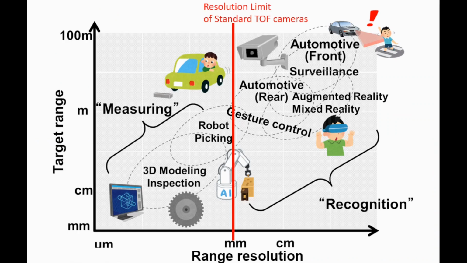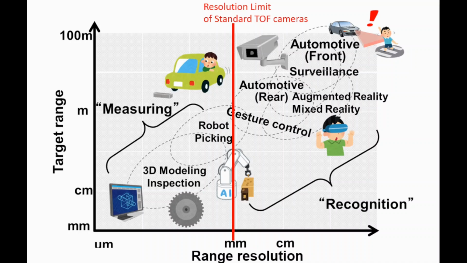Here is a summary of the applications of 3D imaging for the ToF device. The horizontal axis is the range resolution or precision, and the vertical axis is target range. The main target of the ToF device, especially the iToF device, is here: the application for gesture recognition or input of AR devices.